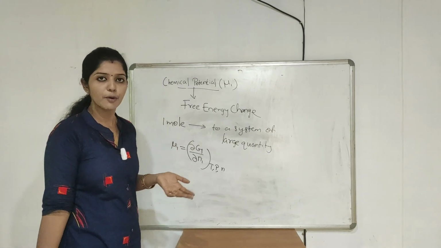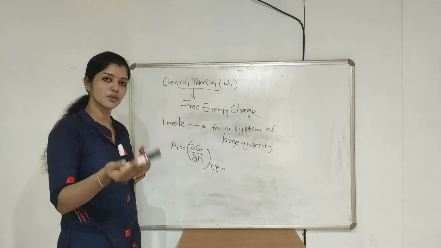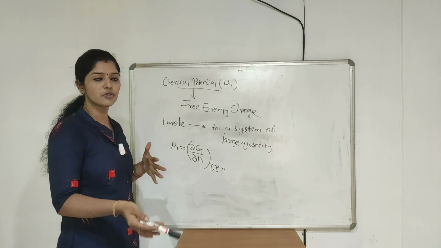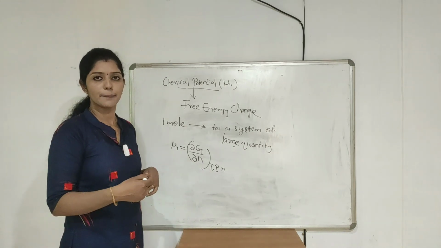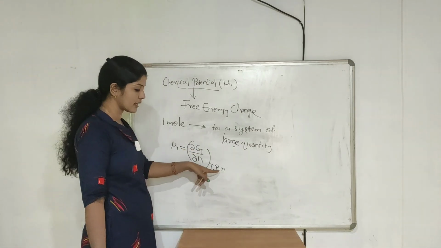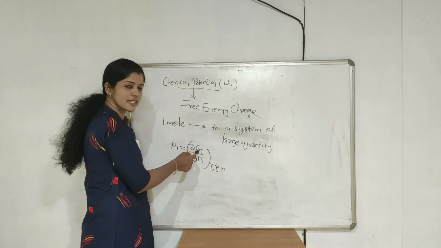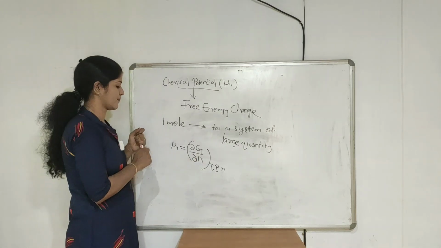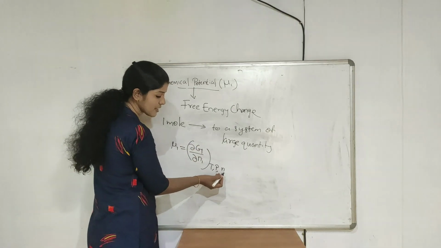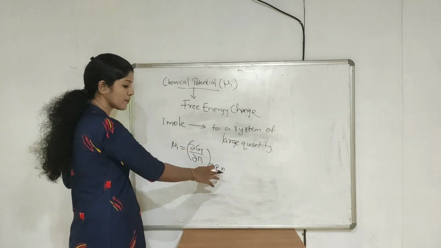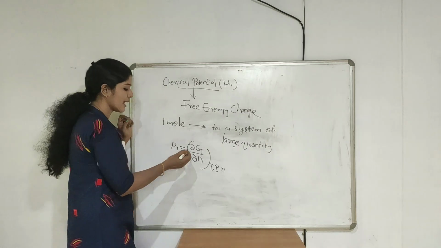When we are adding 1 mole of a substance to a system of large quantity and there is no change in composition, the condition should be at constant temperature and pressure. Here G is the free energy and N is the total number of moles of the system. That should be constant, that should not change.